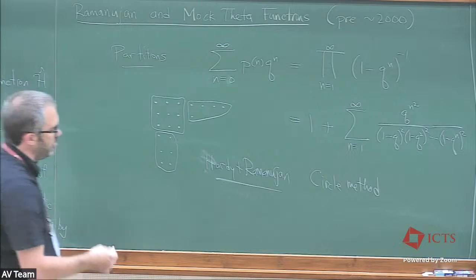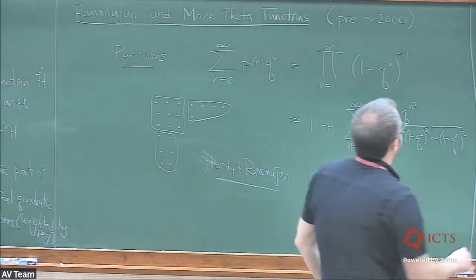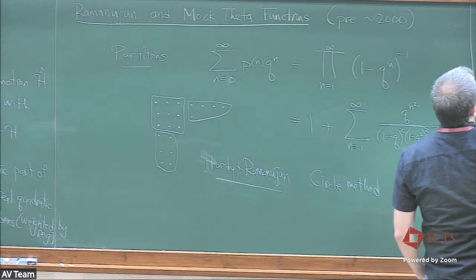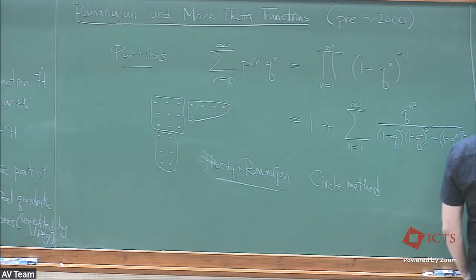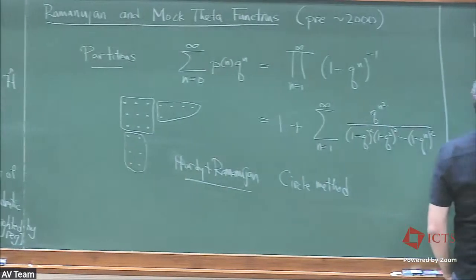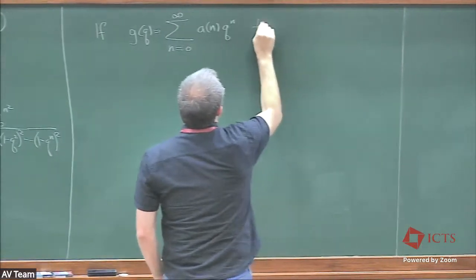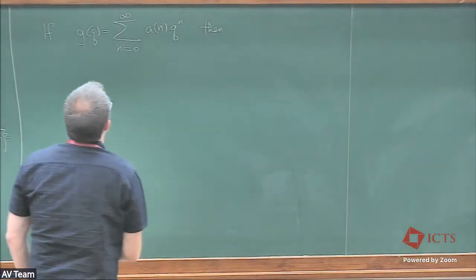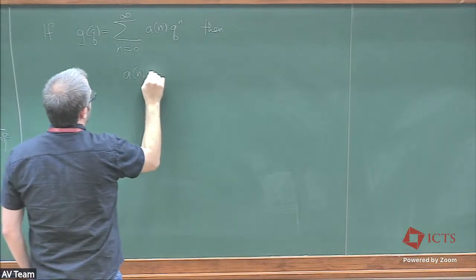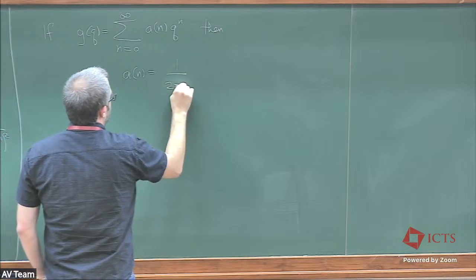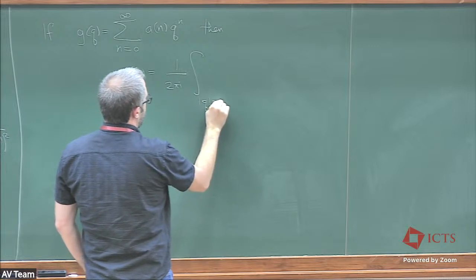If you've never seen it before, let's maybe even do a little toy example. So the idea behind the circle method is if we have some q-series G of q, say with coefficients a sub n q to the n, then by Cauchy's integral formula, I can pick out a sub n by a contour integral. I can integrate over some circle of radius, let's say, r.